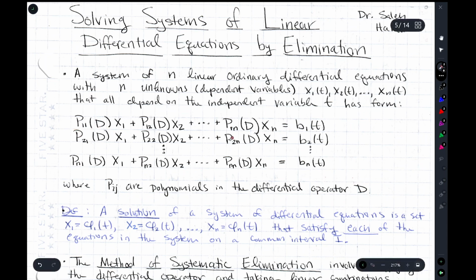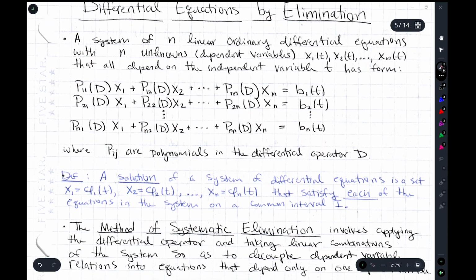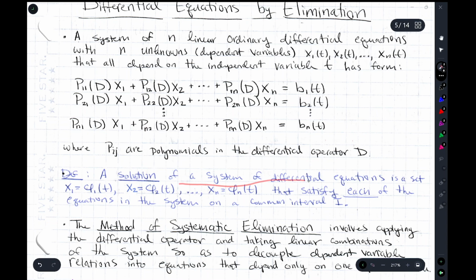And of course they're linear, so we could do this. If the equations were nonlinear, then we would not be able to write it out like this, okay?